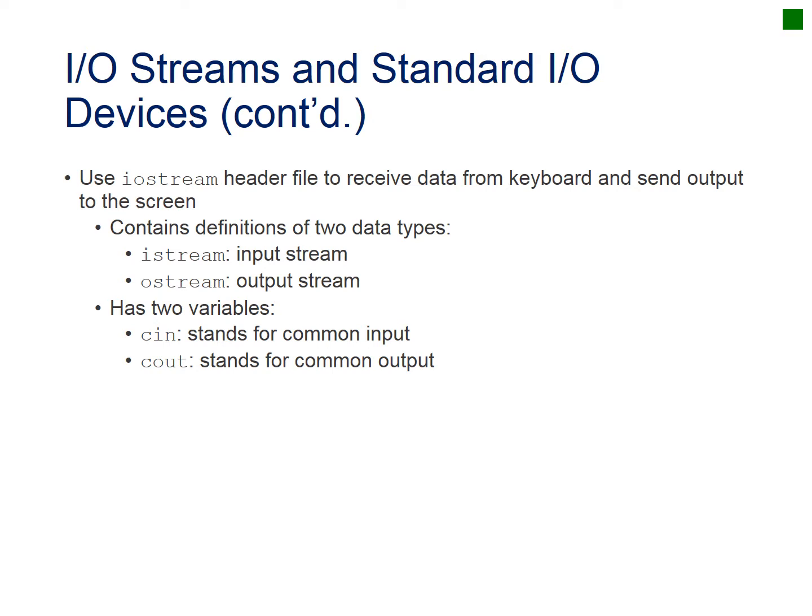We use the iostream header file to receive data from the keyboard and send output to the screen. The header contains definitions of two data types, istream, which is the input stream, and ostream, which is the output stream. The header has two variables. cin stands for common input and cout stands for common output.